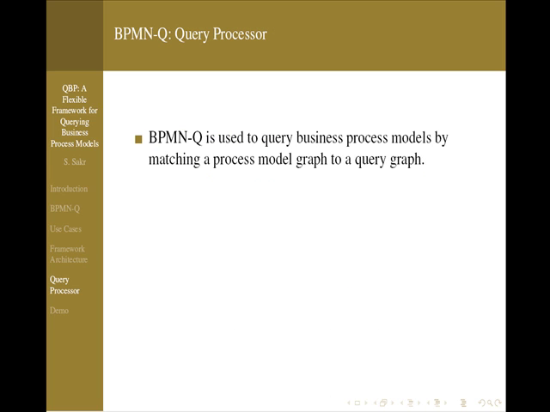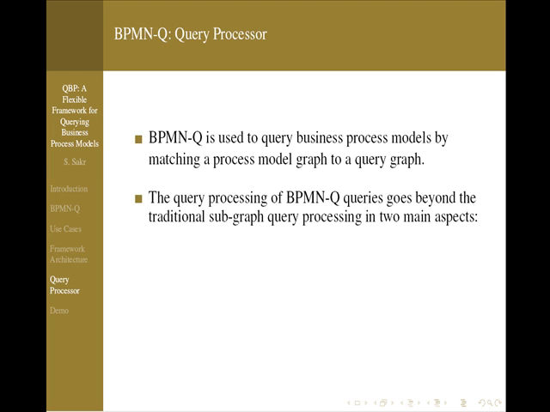From the database perspective, a BPMNQ query can be considered as a graph query problem, as the BPMNQ query is used to query business process models by matching a process model graph to a query graph.